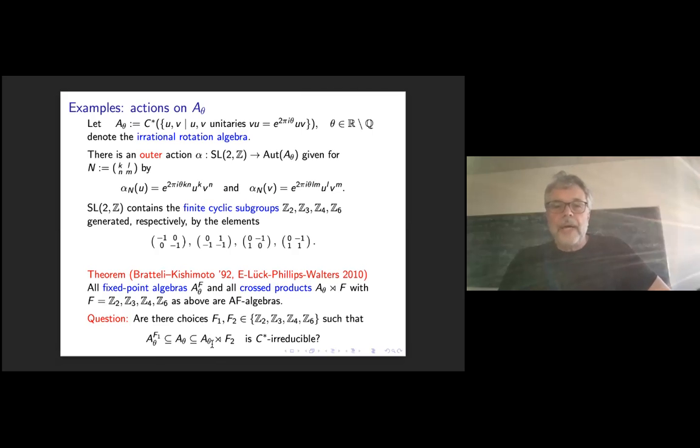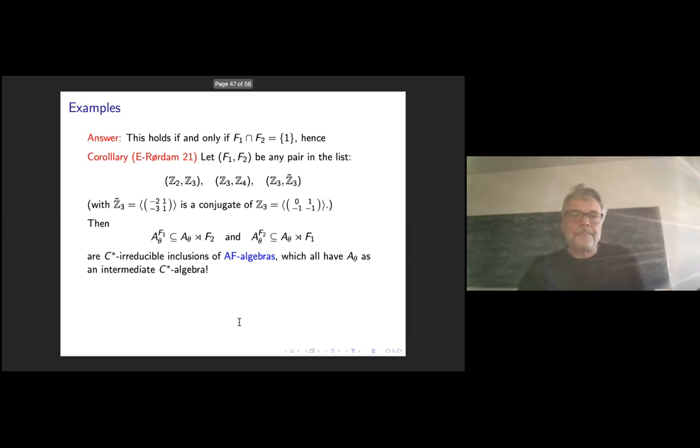So we have two AF algebras, A theta fixed by F1 and A theta crossed F2, with A theta sitting in between. And we just have an example of a C-star irreducible inclusion of two AF algebras which have a non-AF intermediate algebra.